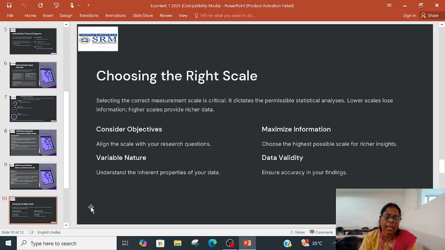So you always align the scale with your research questions. Variable nature, which means understand the inherent properties of your data. Maximize information. Choose the highest possible scale for richer insights. This I have already told. So always choose higher scales. Next, last one, data validity. Ensure accuracy in your findings.